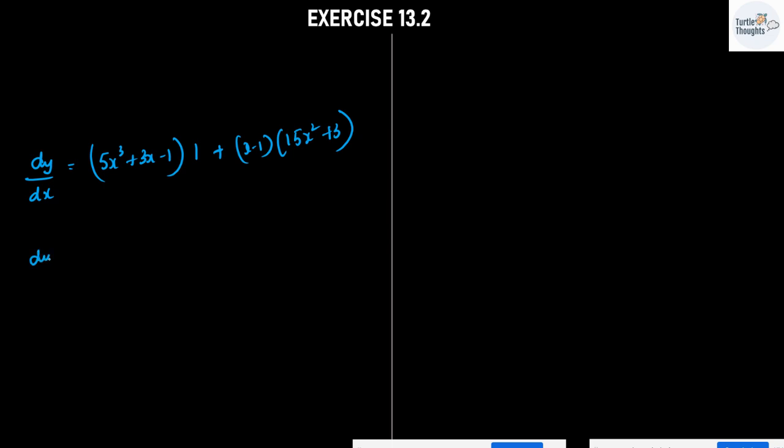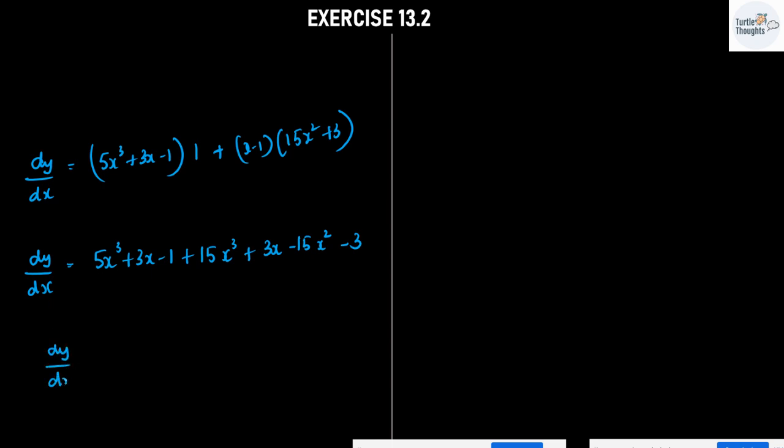So I can write dy by dx as anything multiplied by 1 is going to be the same thing. So 5x to the power 3 plus 3x minus 1 is going to remain as it is. Plus x minus 1 multiplied by 15x square plus 3. I will be getting the value here as plus 15x cube plus 3 multiplied by x is 3x, minus 15x squared, minus 1 into 3 is minus 3.